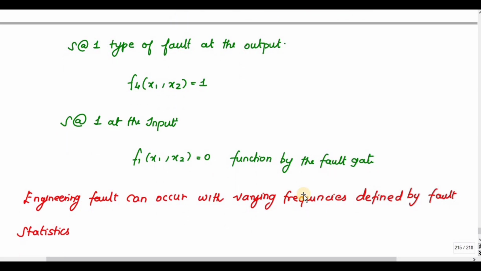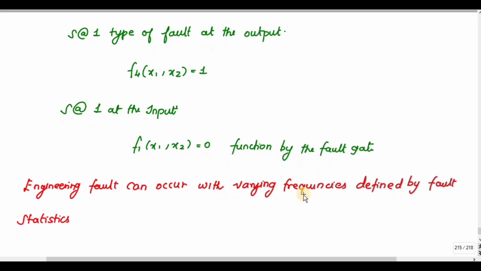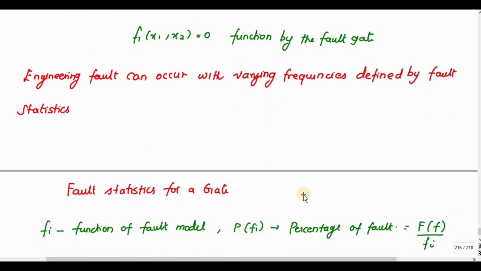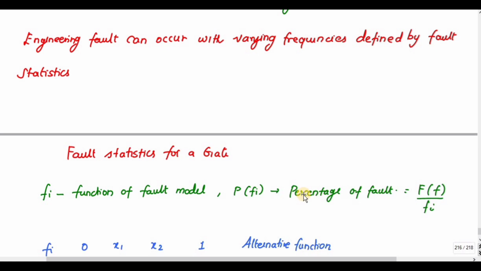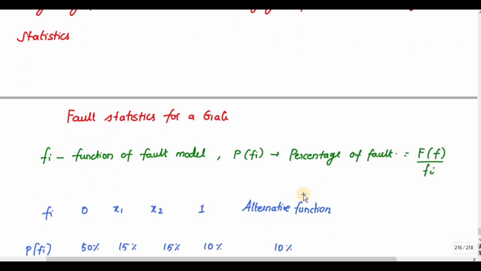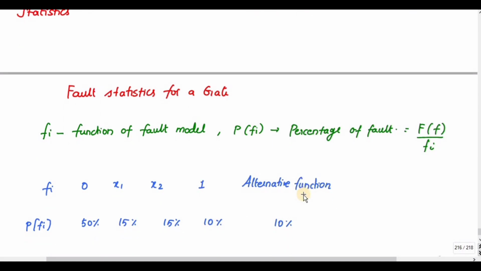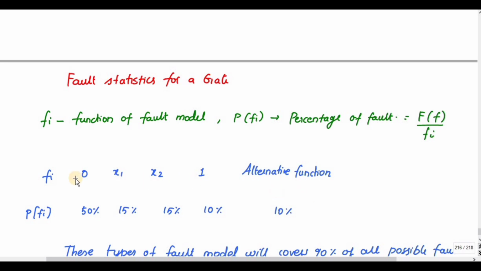The faults can occur with varying frequency, which is defined by fault statistics. So what is the fault statistics of the gate? Here f_i represents the function of the faulty gate, and P(f_i) is the percentage of faulty gates, given by F_f divided by f_i. Here f_i is the function of the fault model, so we can have 0, x1, x2 and 1, and you can have some alternative functions also.